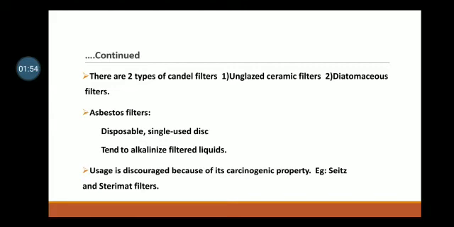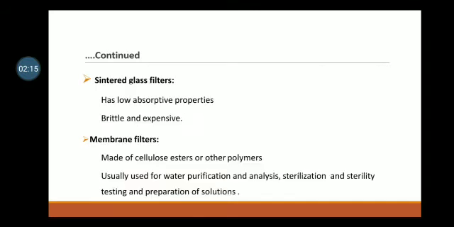Next, asbestos filters are disposable or single use discs, and they tend to alkalinize filtered liquids. Usage is discouraged because of its carcinogenic property. For example, Seitz and Sterimat filters have carcinogenic property.